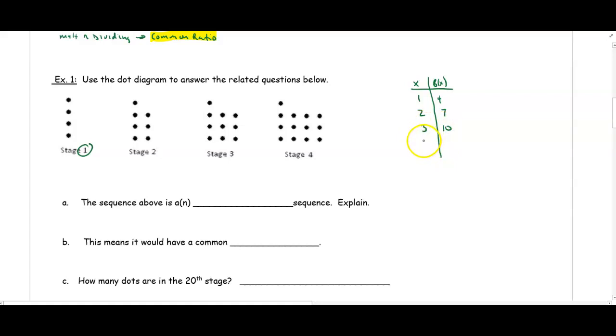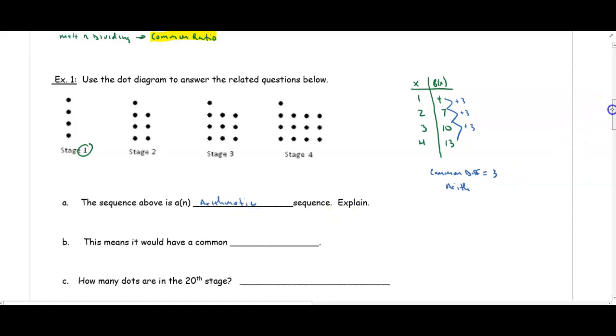And stage 4 has 13. And if I look here, what is happening here? Am I adding or multiplying the same amount each time? What I'm basically doing is I'm going up 3 each time. So that tells me my common difference is 3 and that this is arithmetic. So this is an arithmetic sequence.